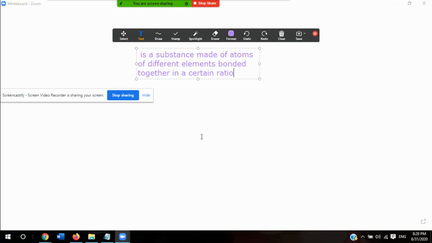What it means to be bonded together in a certain ratio is that, for example, if we have water, we all know H2O, it's in a ratio, for example 88 to 12, more or less. It varies a little bit, but mainly 88 to 12. That means there's 88% of one element and 12% of the other.